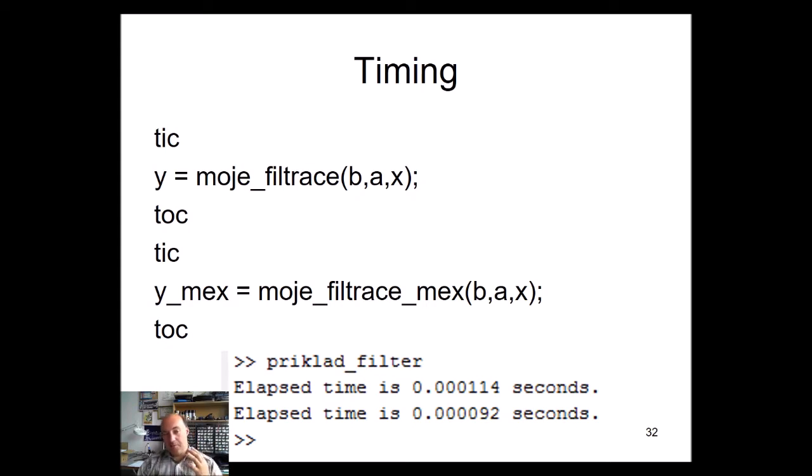This was just an example because the filter is a quite simple code structure, and we have compared the speed that we get by running the C code on a PC or on MATLAB. We will also do the similar thing today, but we will do it with a little bit different code.